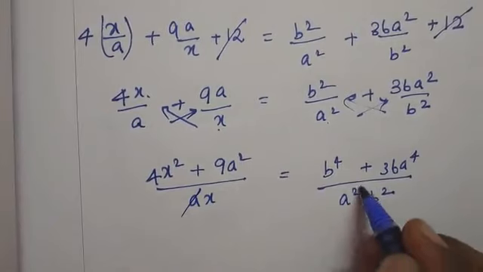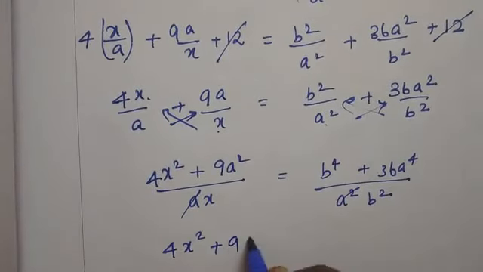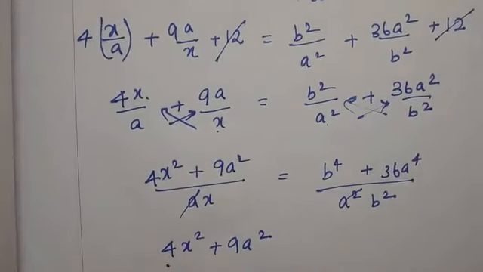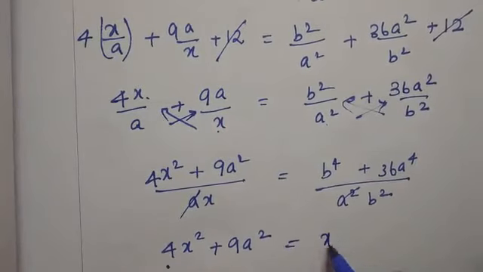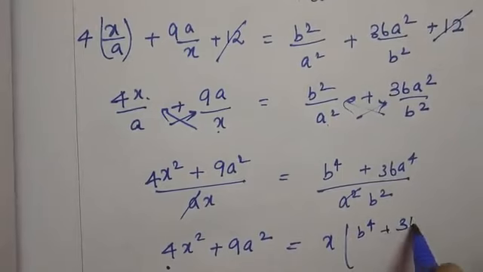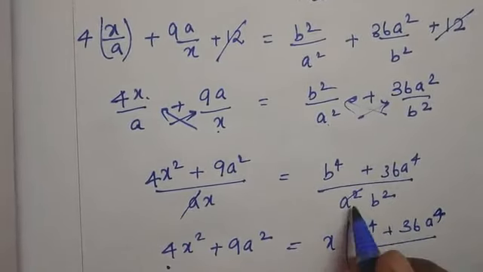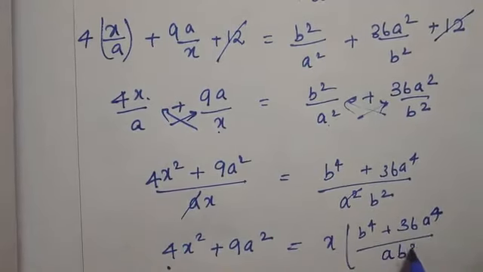Now cancel out these two a's. So 4x square plus 9a square, denominator we have x, that we will take it in this side. Then x into b power 4 plus 36 a power 4 divided by, already one a is cancelled out, so balance a into b square.